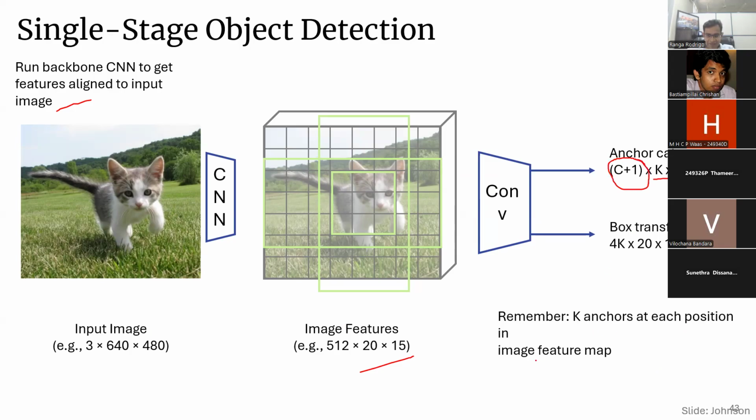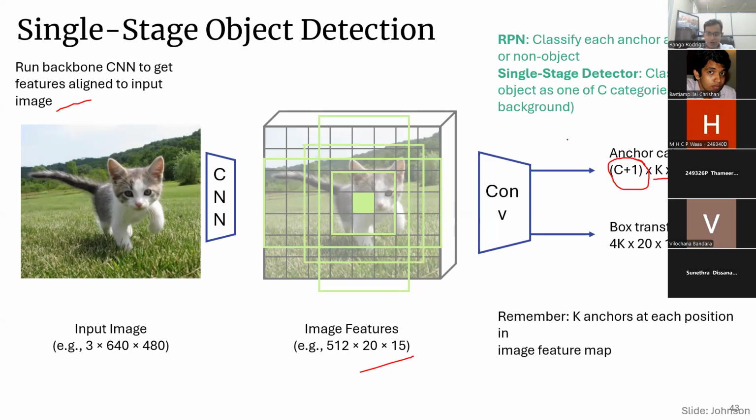Remember the k anchors at each position in each image feature map. RPN classifies each anchor as an object or non-object. A single stage detector classifies each anchor as one of the C categories or background. So that also you include in this prediction structure output. That's how you go from a two-stage to a single stage object detection.